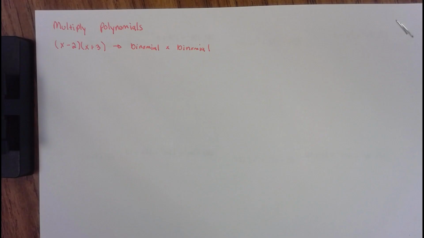First thing we did is we multiplied polynomials. For the most part, we multiplied binomials by binomials. So I might have x minus 2 times x plus 3. And this is a binomial times another binomial.